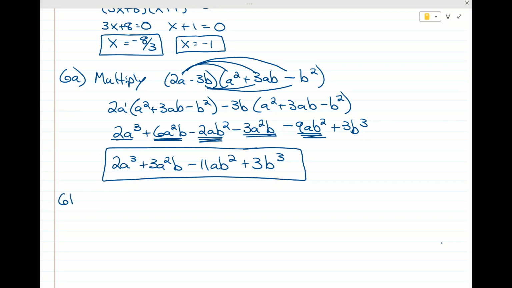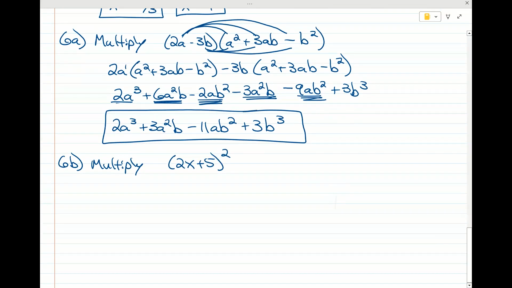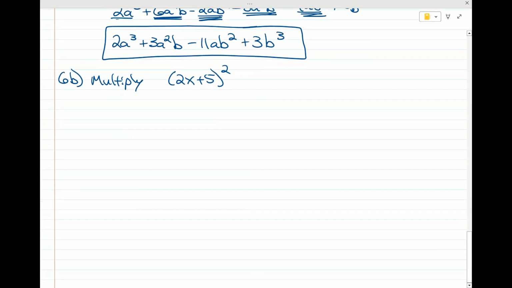Next, we'll multiply 2x plus 5 to the second power. Now, please make sure you don't distribute the exponent. What we have to do here is we have to do 2x plus 5 times 2x plus 5. So we'll do 2x times 2x plus 5, just like we did earlier.